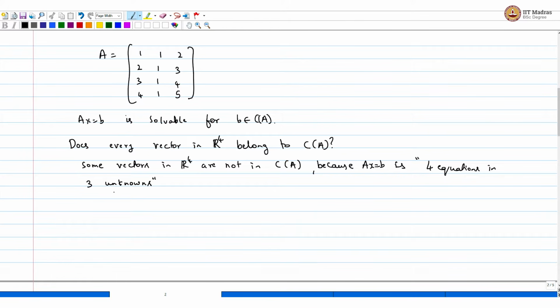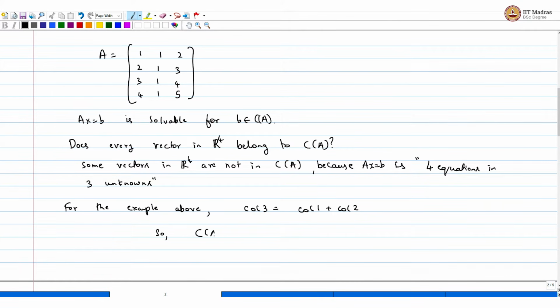Anyway, for the example above, if you observe the columns of A, column 3 is just column 1 plus column 2.